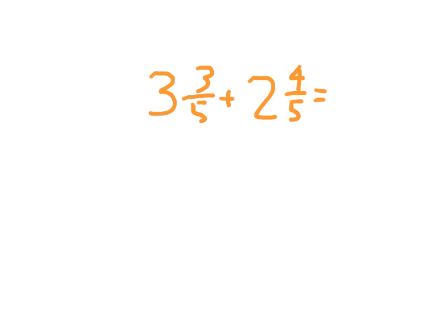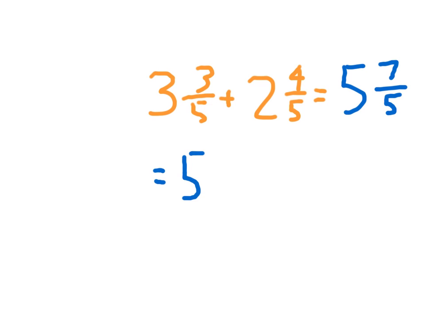Here I have two mixed numbers. They do have like denominators. The denominator is 5 there, and so the denominator stays the same, and 3 plus 4 is 7. Now for our whole portion of this mixed number, 3 plus 2 is equal to 5. Now we have to simplify that. I'm going to keep the 5 the same for now, and I'm going to think about 7/5.